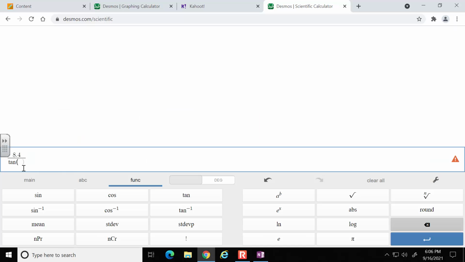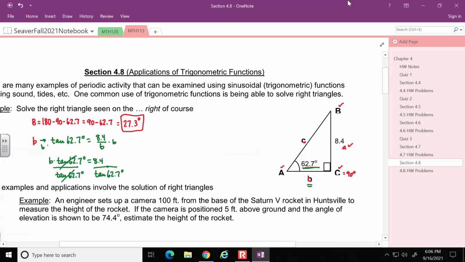Make sure your calculator is in degree mode if you're doing that. And I get 4.34. Okay. Any questions on that? Is everybody able to get that?